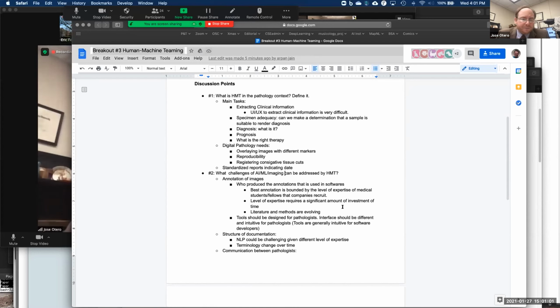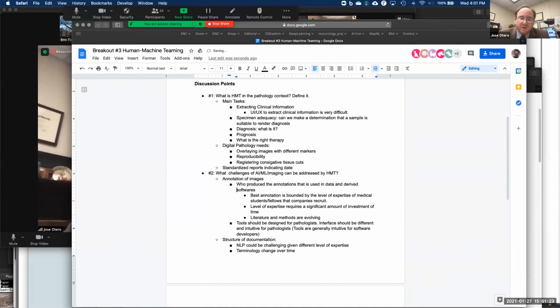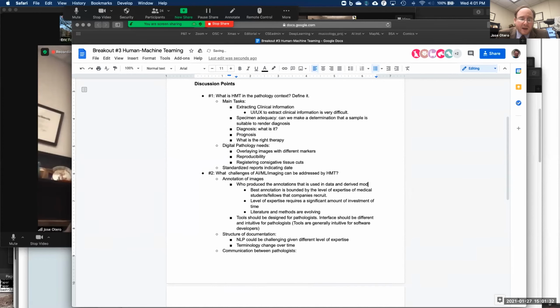Other aspects that were important were the ideas of, when you're generating data sets for research, the annotation of images became very important. Many times the annotations are done by cheap labor, like residents or grad students or med students. And that was considered to be highly inadequate. So if you're training on bad data, you're quite problematic.